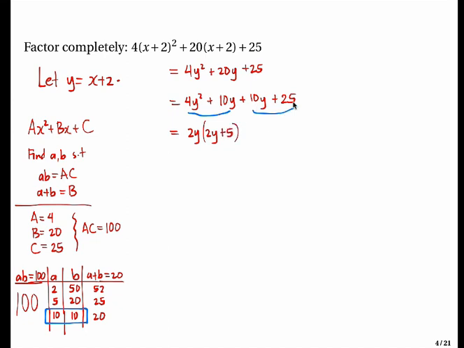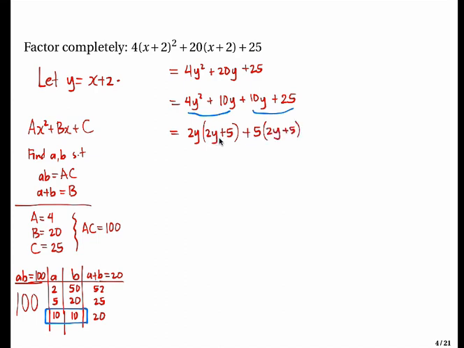And then in this group, we can factor out 5 because 10 and 25 are both divisible by 5. So we can factor out 5, and what's left inside is 2y plus 5.